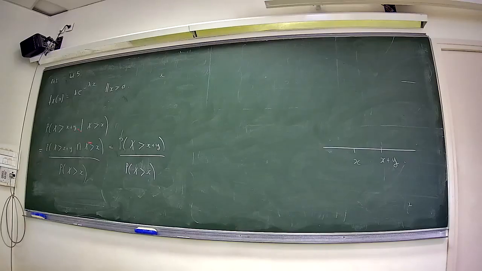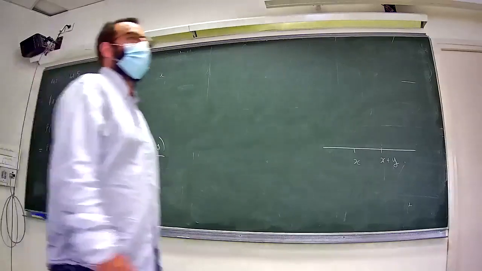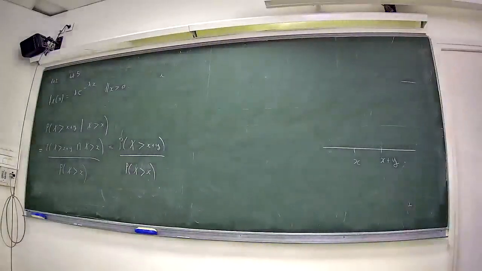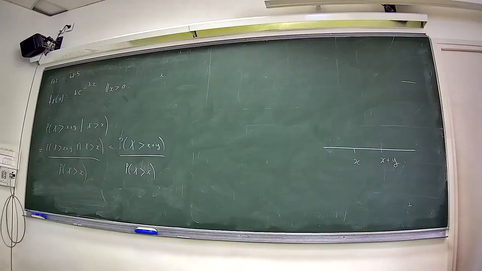I have handled what I have to handle, and I see that if I want to compute this conditional probability, I have to compute this ratio and prove that this ratio is equal to this one here. Yes, there is a little misprint in the statement here. No, not plus one, just one.